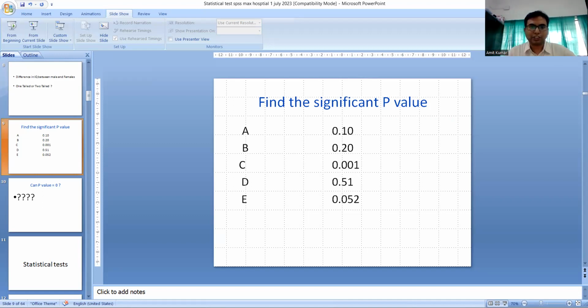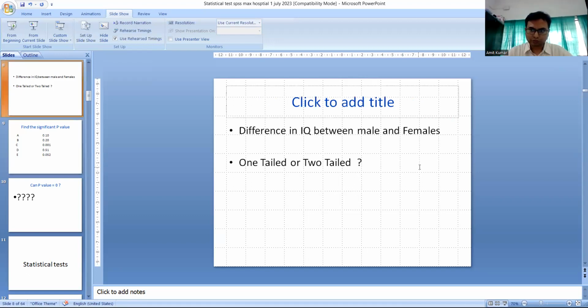My slide is: difference in IQ between male and female. Okay, so you are screen sharing. I should reshare the slide. I think maybe it is stuck. Stop share.